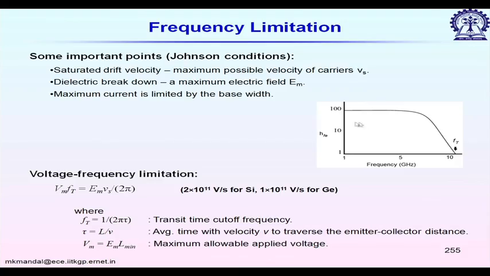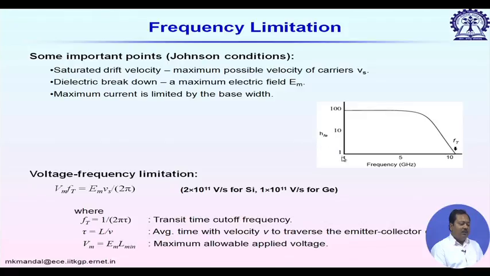So, considering all these effects, if we plot current gain for a BJT, it becomes a function of frequency. Here in this graph we are showing the plot of hFE, the forward current gain, or sometimes we call it beta.